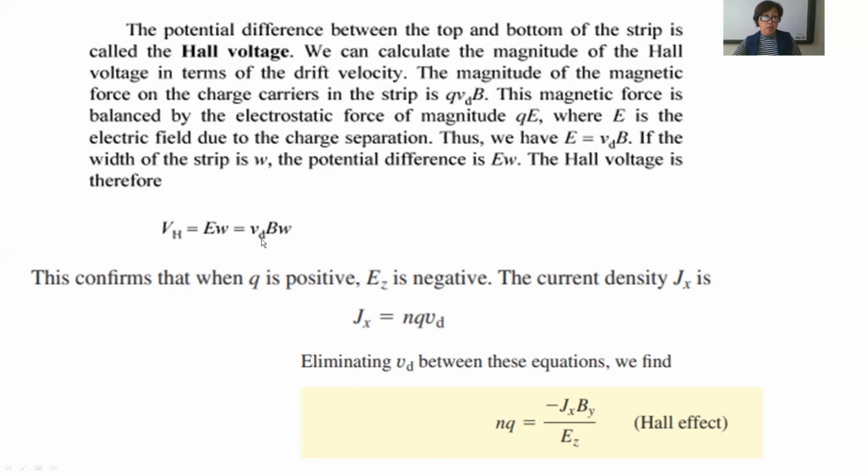Replacing in the final formula, E equals minus J, the current density, multiplied by the magnetic field, giving the Hall electrical field, the Hall effect.